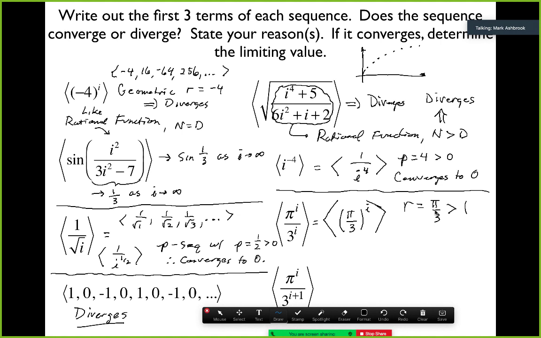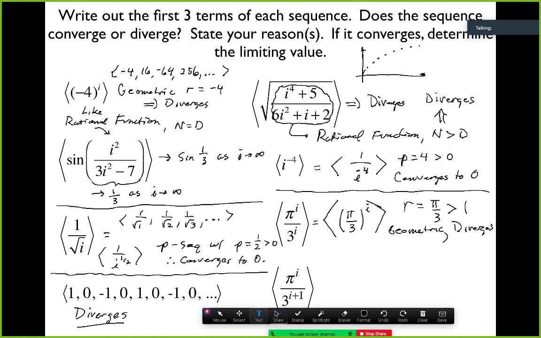Pi is bigger than 3, so that's greater than 1. So this is geometric, which diverges. You're multiplying by a number bigger than 1. If you keep multiplying over and over again by a number bigger than 1, it's just going to get big.